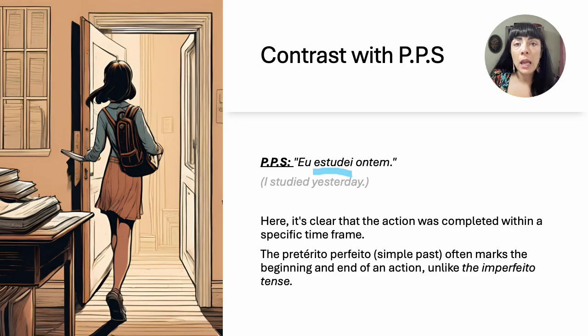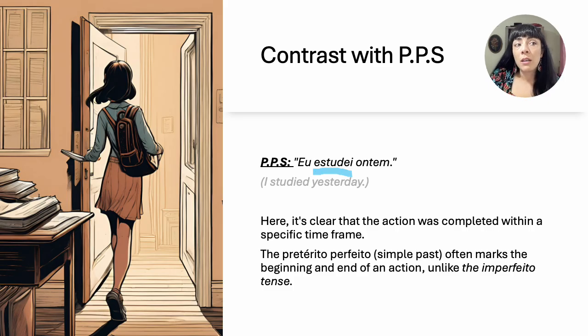So, the PPS, or simple past, often marks the beginning and the end of an action. Unlike the imperfeito tense, or unlike the previous slide where you saw not just a routine, but the feeling of this routine that has not finished in the past. So this routine keeps being a routine.